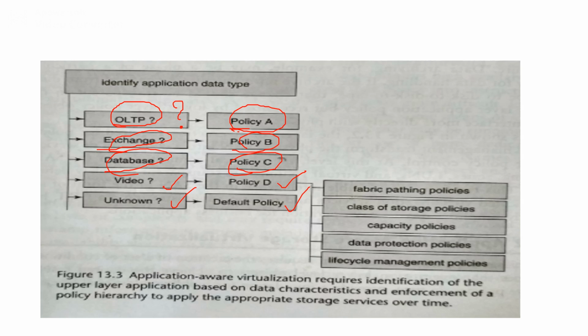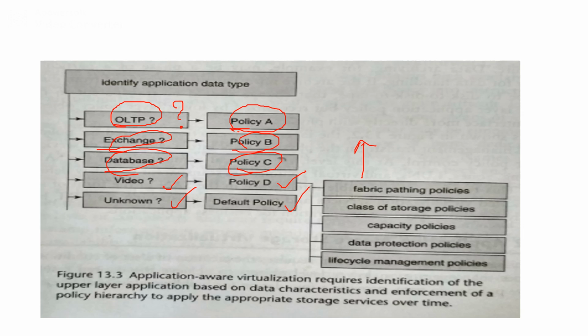So depending upon that, we can have different policies like lifecycle management policies, data protection policies in order to secure the data, capacity policies in order to expand the storage capacity, class of storage policies, as well as fabric pathing policies while exchanging the data.